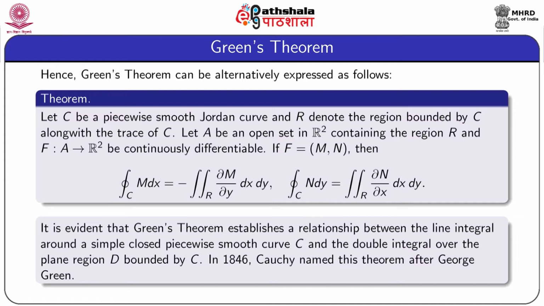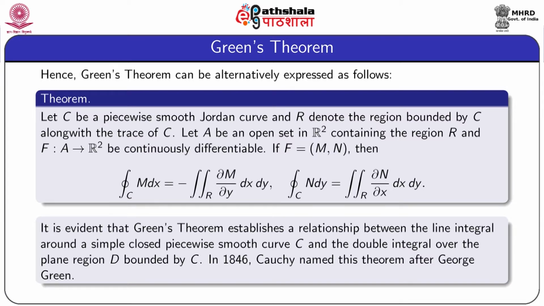If M and N are the components of F, then integral over C M dx equals minus double integral over R del M del y dx dy and line integral over C N dy equals double integral over region R del N del x dx dy.